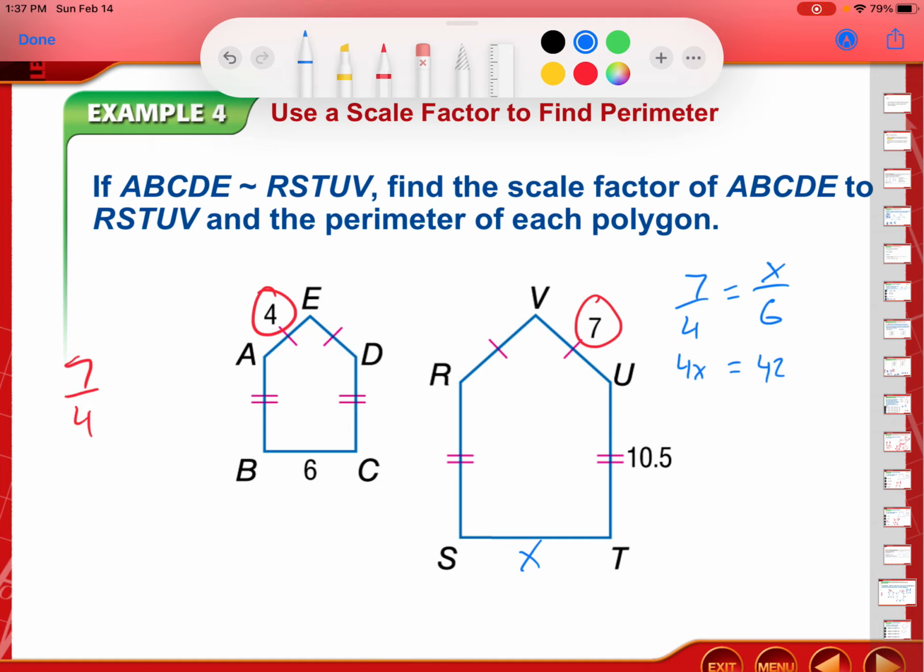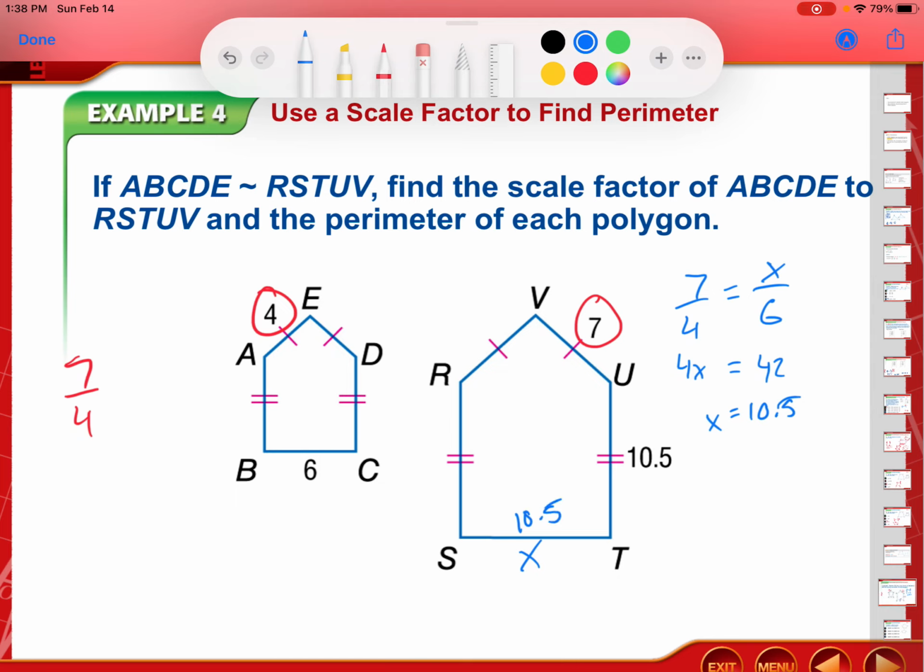And then 42 divided by 4 would be 10.5. X equals 10.5. That's kind of strange. Did I mess something up? No, that's correct. So x would be 10.5.